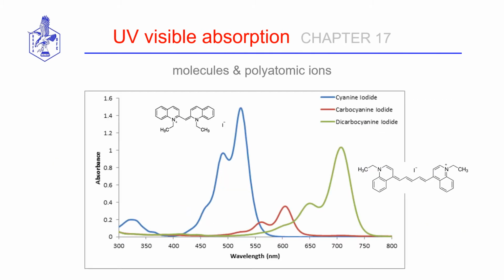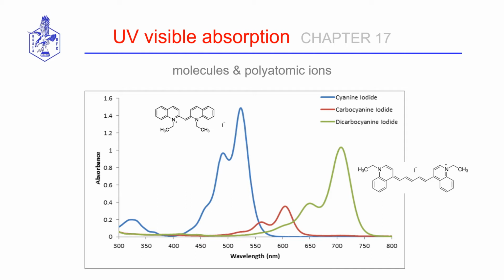So this slide simply shows spectra of some dye molecules that have a lot of conjugation, alternating double and single bonds, which results in characteristic absorption features in the visible spectrum. So you're looking at 3 different dyes.